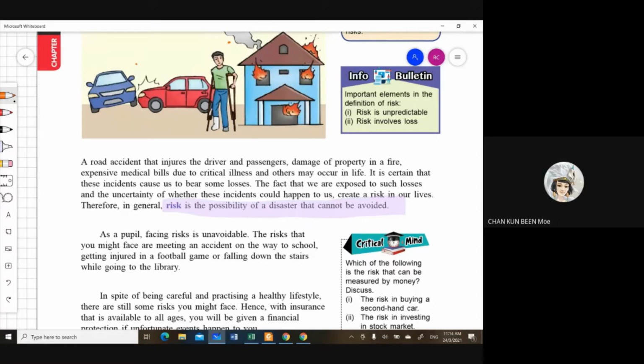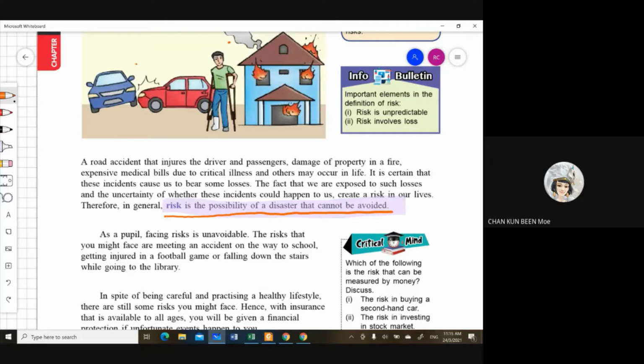Therefore, in general, you need to know this. Risk is the possibility of a disaster that cannot be avoided. Okay, I saw that in the exercise they were not giving you this question over here, but you got to memorize no matter how, because we're scared that sometimes they will ask what is the meaning of risk. So you got to mention risk is the possibility of a disaster that cannot be avoided.